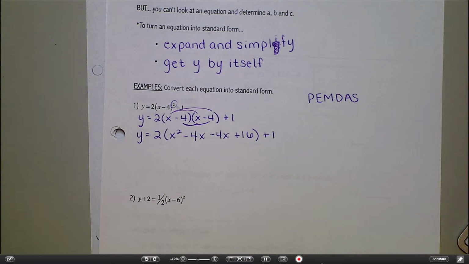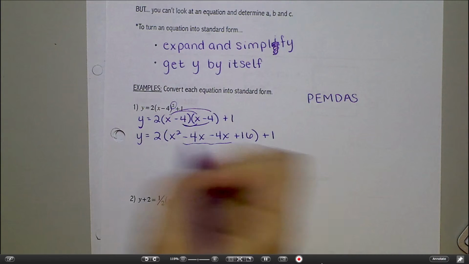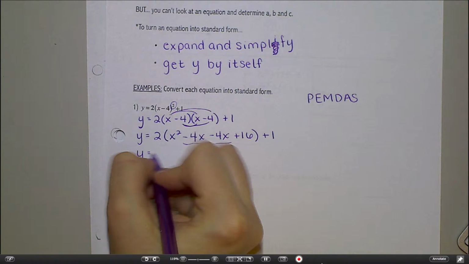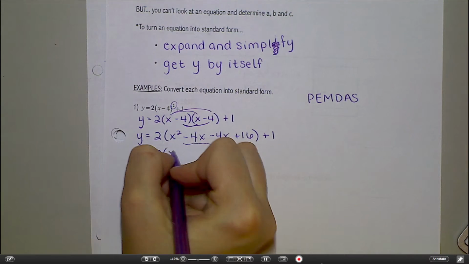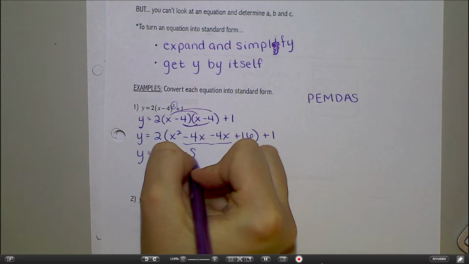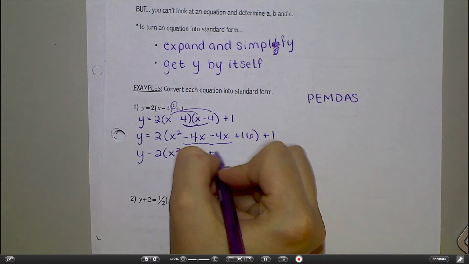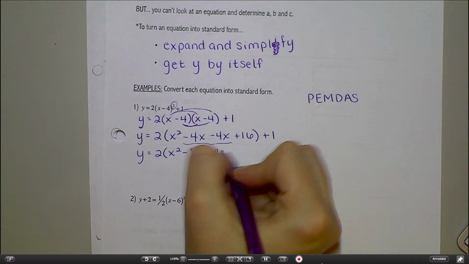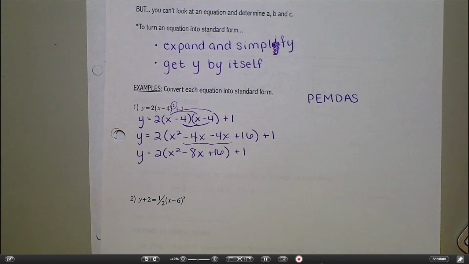Still have the plus 1 on the outside. Now what? Like terms, good. Negative 4x and negative 4x become negative 8x. Plus 16 and plus 1.